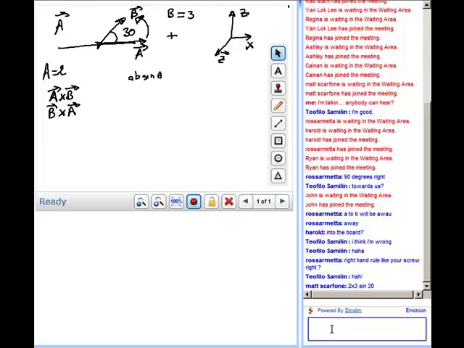So, the magnitude of A cross B, which is the same as the magnitude of B cross A, will be the magnitude of A times the magnitude of B, AB sine theta, in your case, 2 times 3, which is 6, sine 30, and sine 30 is 1/2. So the magnitude is 3. Okay?